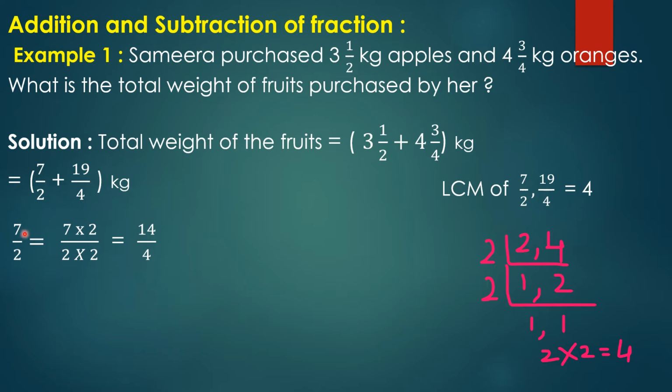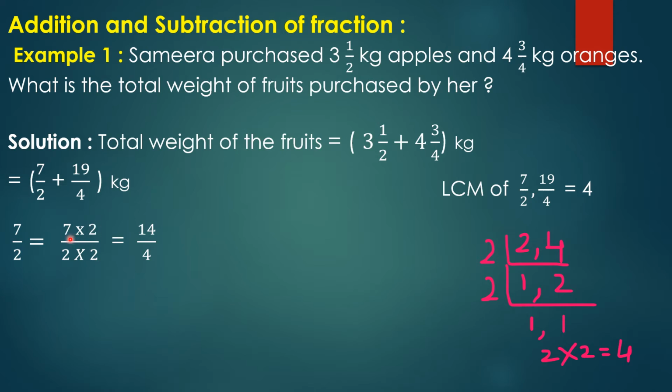Therefore, take the fraction 7 by 2, equal to 7 into 2 divided by 2 into 2. Here the denominator we want is 4. Therefore, the denominator is multiplied with 2. When we are multiplying the denominator, the numerator also should be multiplied with the same number.